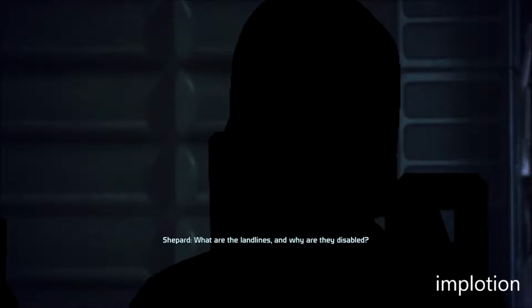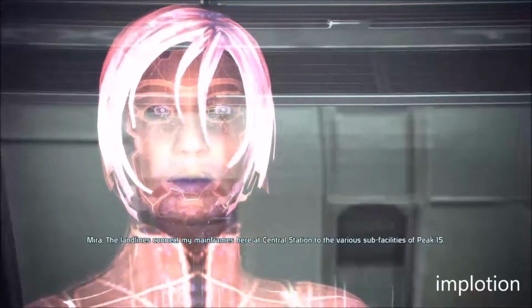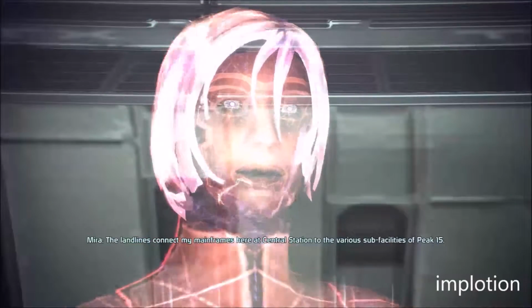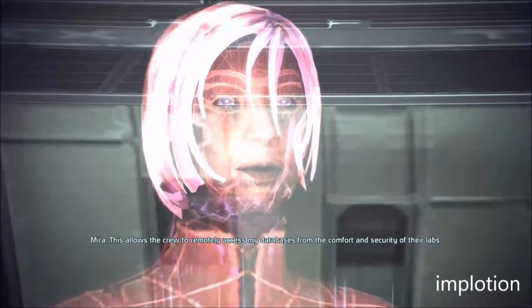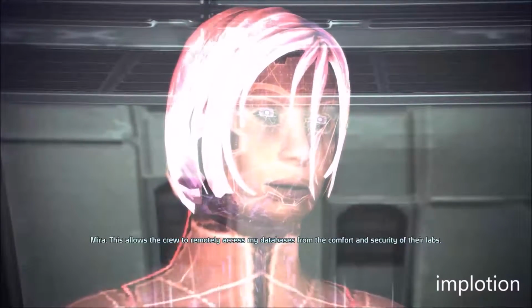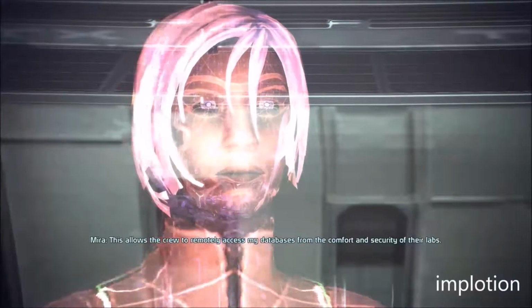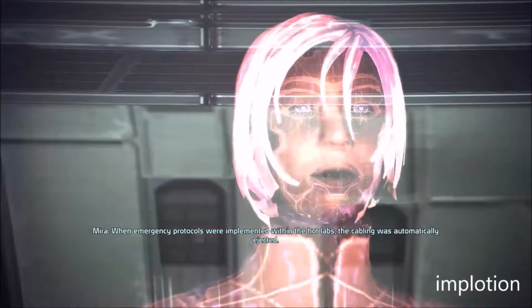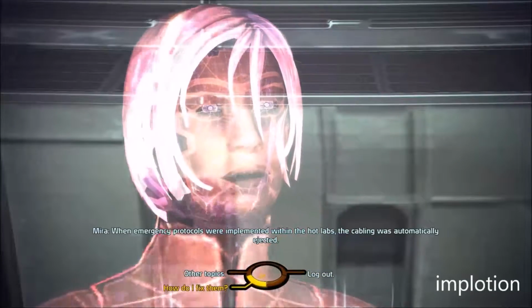What are the landlines and why are they disabled? The landlines connect my mainframes here at Central Station to the various sub-facilities of Peak 15. This allows the crew to remotely access my databases from the comfort and security of their labs. When emergency protocols were implemented within the hot labs, the cabling was automatically ejected.